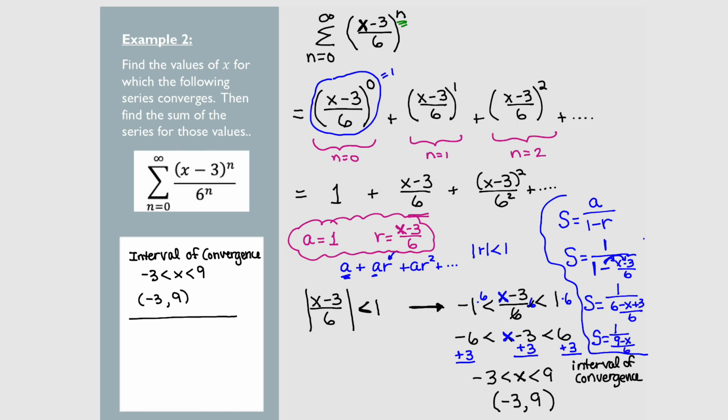And if I take that denominator, flip it over and multiply, my conclusion is going to be that this sum is equal to 6 over 9 minus x, which came from 1 over 1 minus x minus 3 over 6, right? That's where it came from.